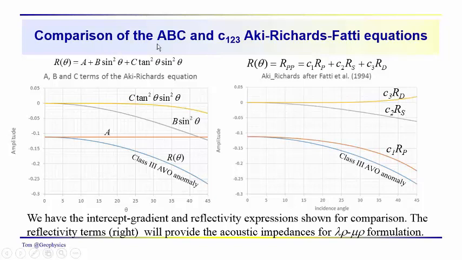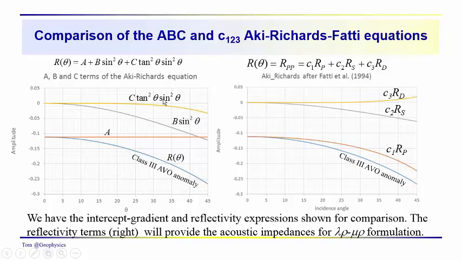Now here we compare the gradient intercept approach, all three terms. We've got the intercept, the gradient, B, and then the curvature term here. So we're plotting them out separately in this amplitude versus offset plot.